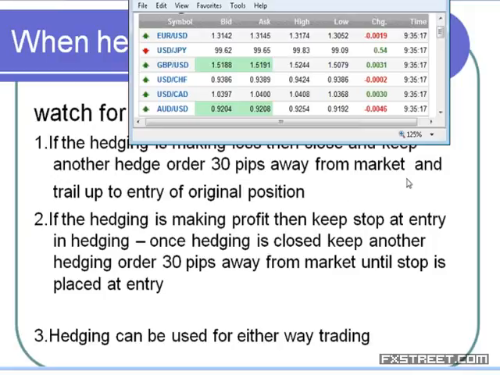So when they show profit in the hedging, keep the stop at entry in the hedging order and wait for 2 hours to get over, to see whether the new low is being breached or not. If the new low is not breached in the last 30 minutes of observation after 2 hours, then simply close the hedging with a nominal profit and keep a stop or hedging order below that and wait.